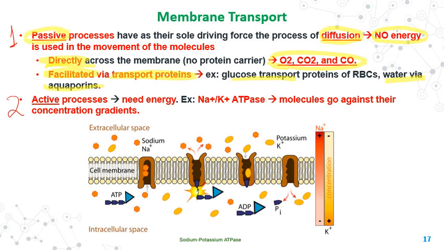Now, when you look at active processes, you're always going to need energy, okay? Because the active process is going to push molecules against their concentration gradient. So in order to do that, you have to put energy into this pump. The classical example is your sodium-potassium pump, in which you have this channel in one form of conformation. Then you bind ATP and you hydrolyze ATP, and the channel changes conformation.